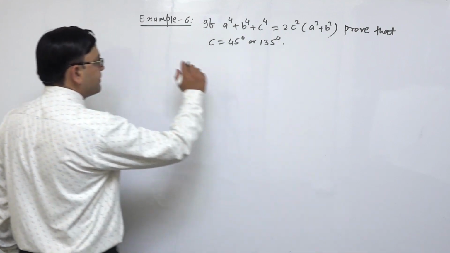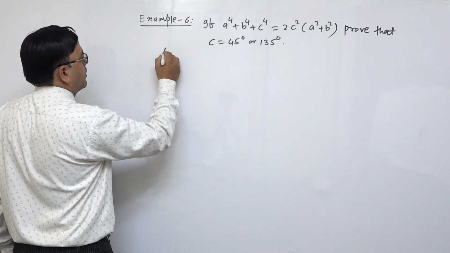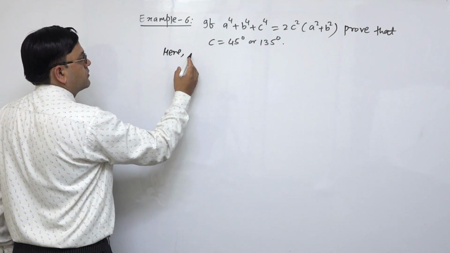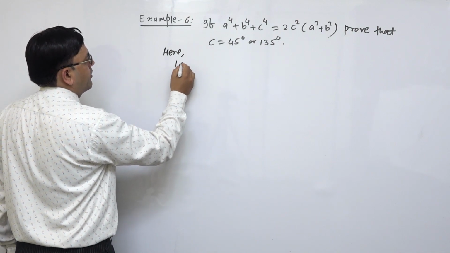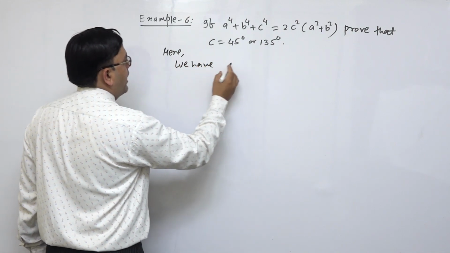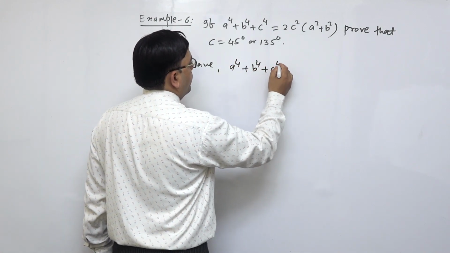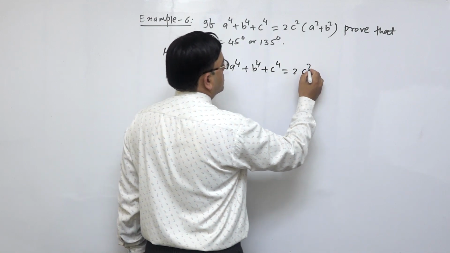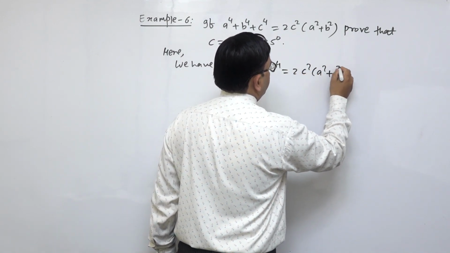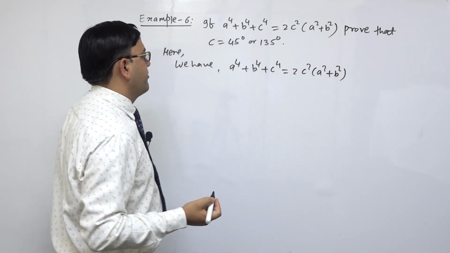Now solution. Here the given condition, we have a4 plus b4 plus c4 is equal to 2c square times a square plus b square. Let us start from here.